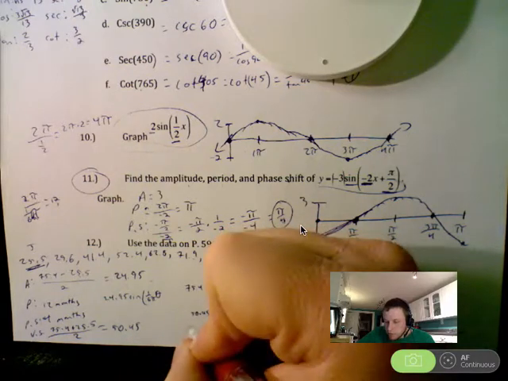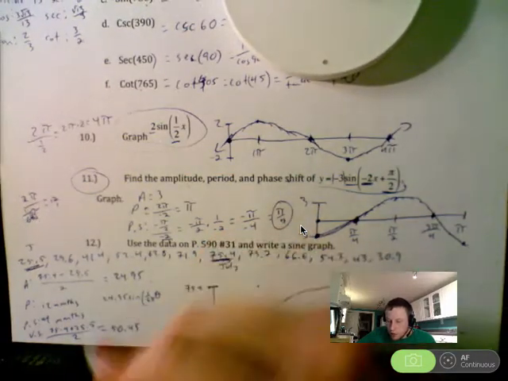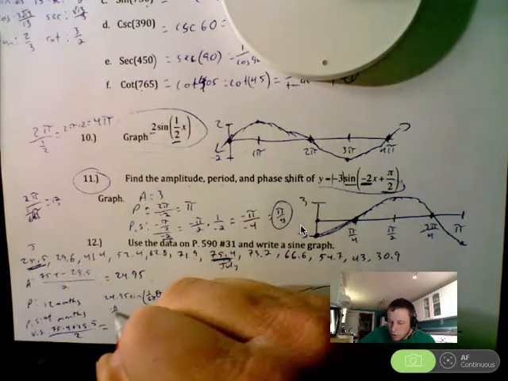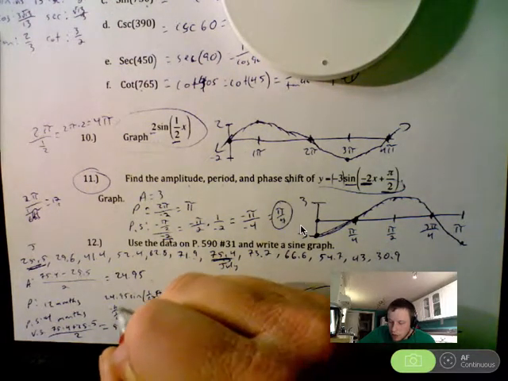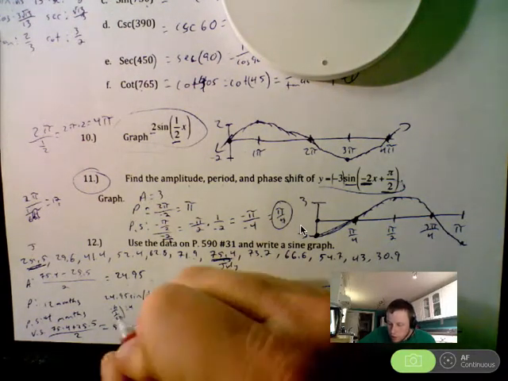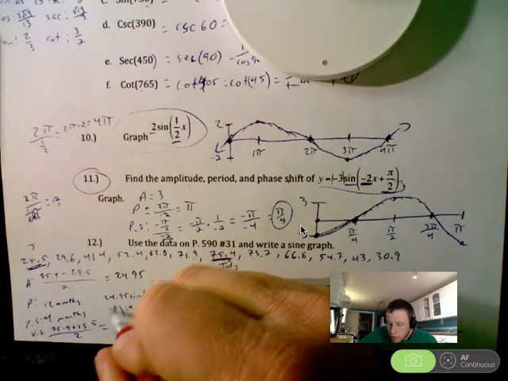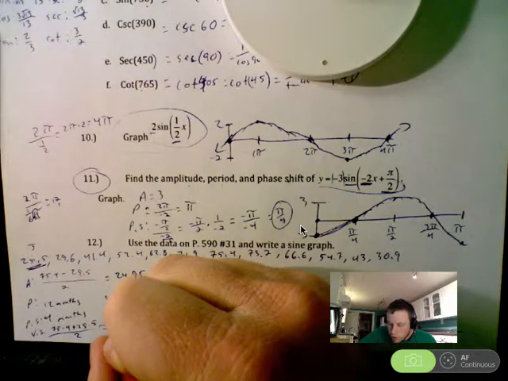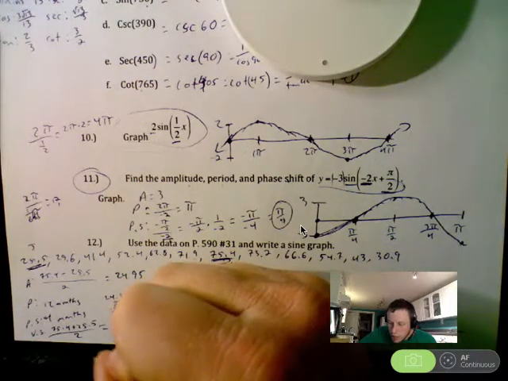Now our phase shift was 4 months, so that ends up being negative b over 1/6 pi equals 4. So negative what over 1/6 pi gives us 4. Well, pi is going to have to be up here.